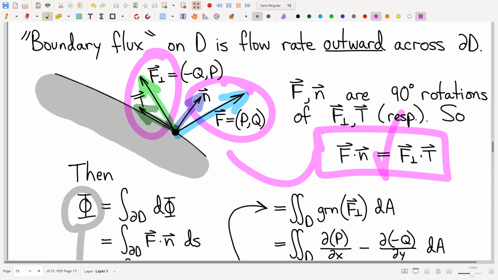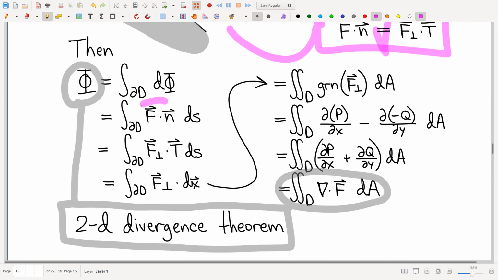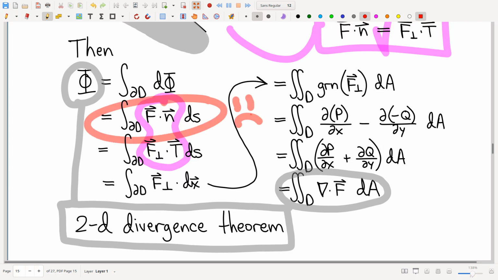So F dot n is F perp dot t. And just a quick bit of foreshadowing, that turns our integral that we don't know how to deal with because of that n ds into an integral that we do know how to deal with because, of course, T ds is dx. So it all turns into something much more familiar.